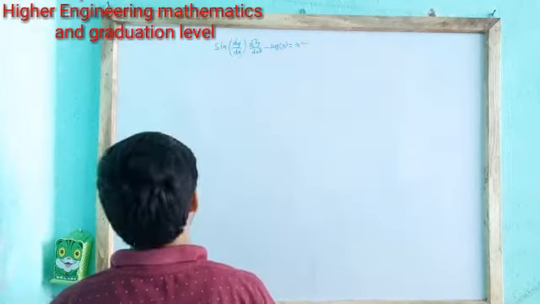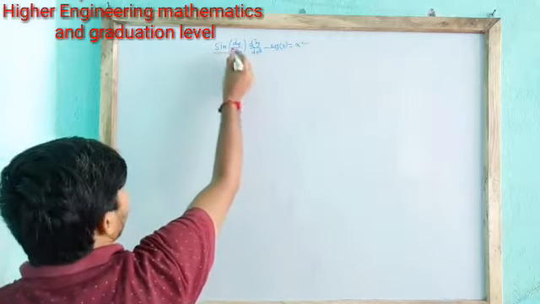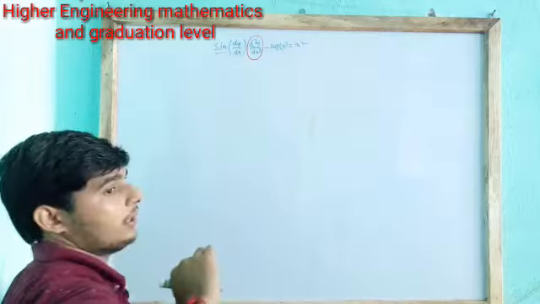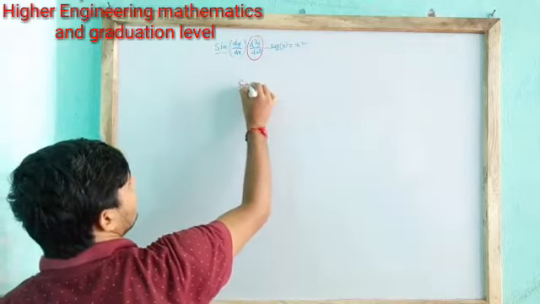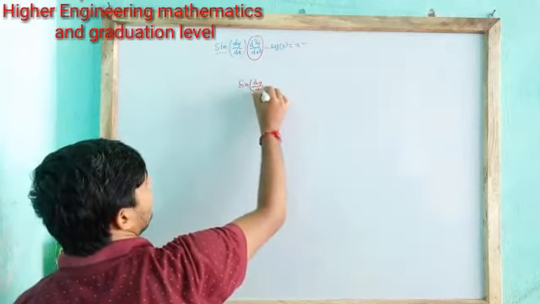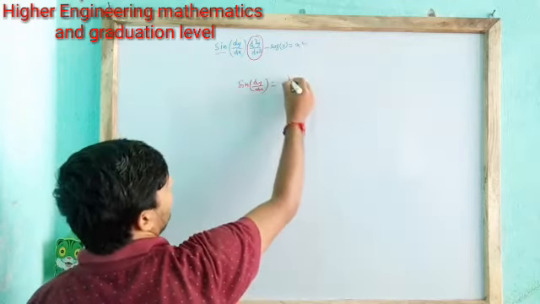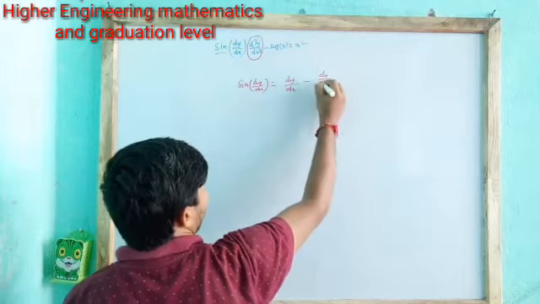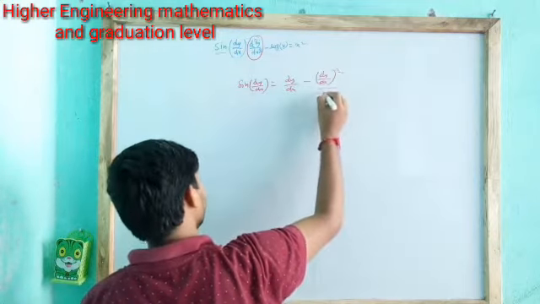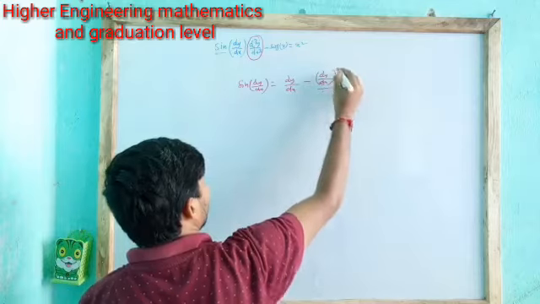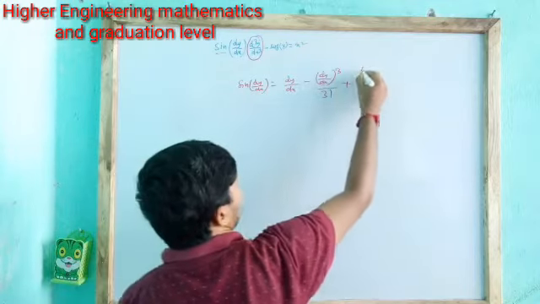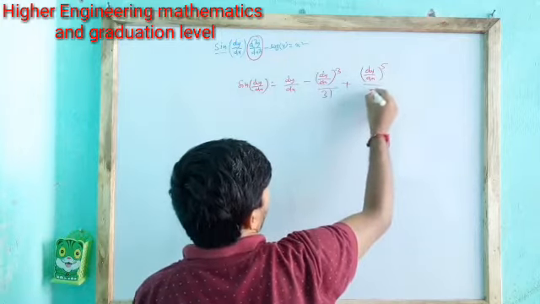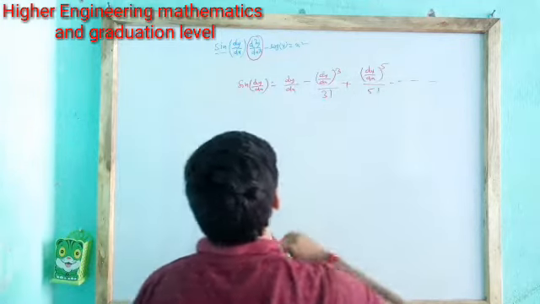In this question, we can say that the derivative is in a sine function, which is multiplied by the highest order derivative. So when we do the expansion of sin dy by dx, what will it give? It will give dy by dx minus dy by dx whole cube by 3 factorial plus dy by dx whole to the power 5 by 5 factorial and so on.